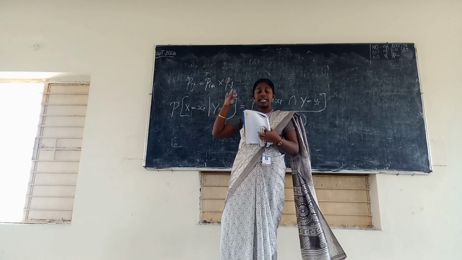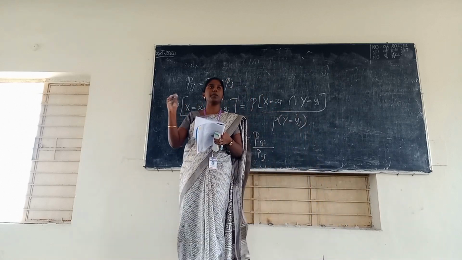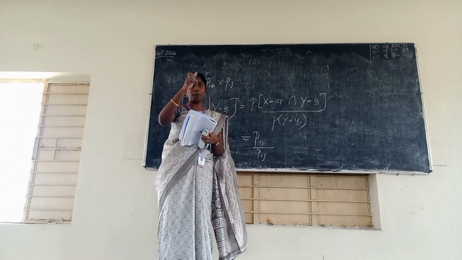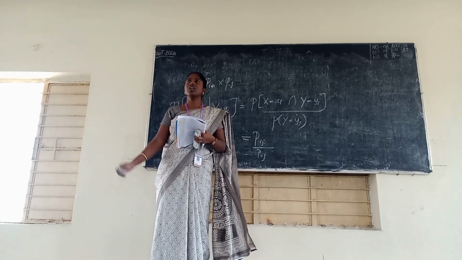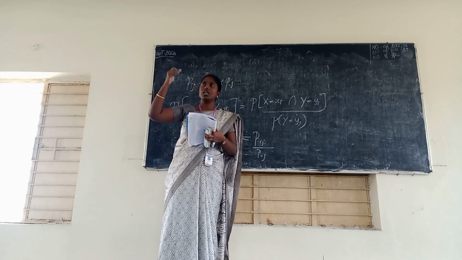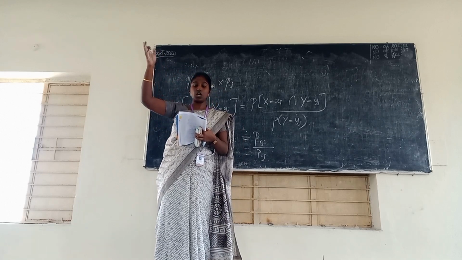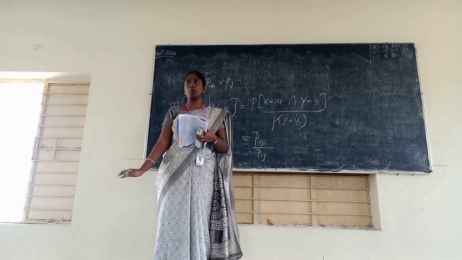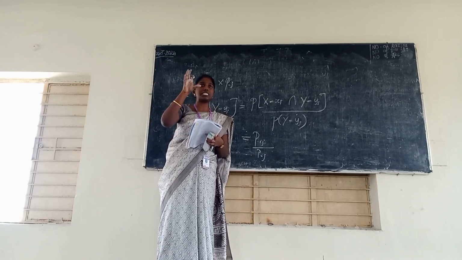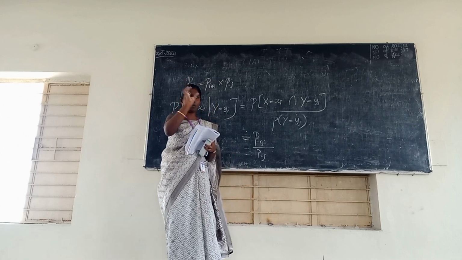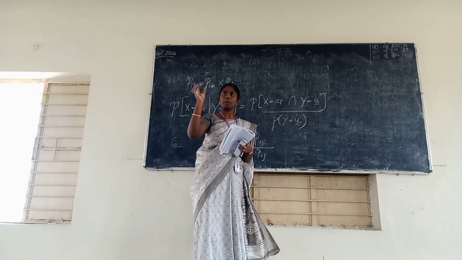In between, what is P11? Joint probability of x1, y1. P12 is the joint probability of x1, y2, and so on. Now is it clear that Pij represents the joint probability of the two random variables?